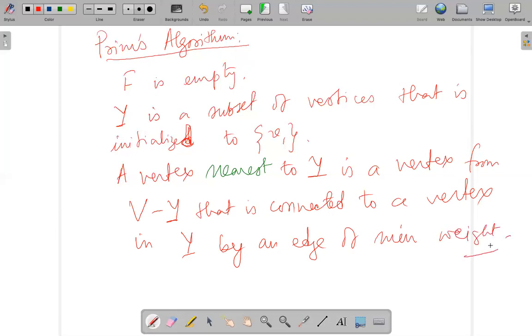So that is how you define the nearest vertex. You have a set Y which can be initialized to V1, and then we will see how you increment this set. A vertex from V minus Y is said to be nearest to Y if it has the minimum edge weight from a vertex in Y.